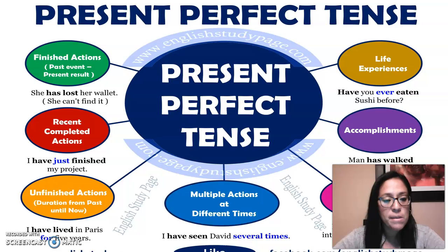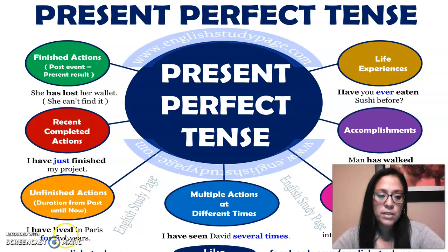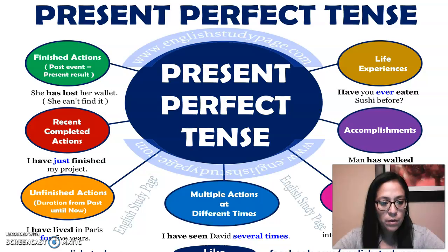And here we have an example. I have lived in Paris for 5 years. It means that the action started in the past and continues until the present. So this is an action that is not over, it's still in process. We can use here for or since.